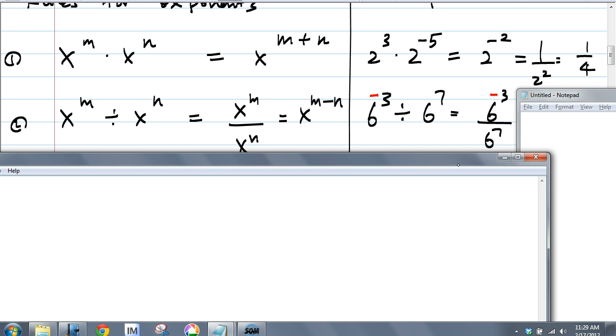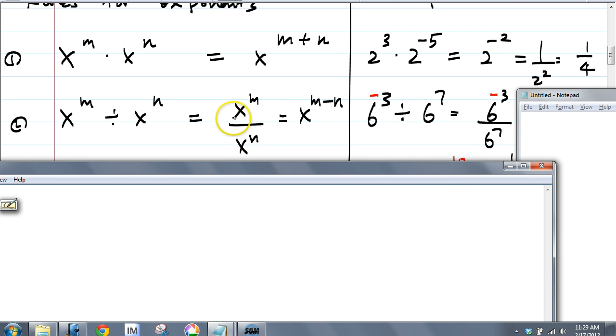Okay. But take a look at what we have. We have 6 to the -3 over 6 to the 7th. What do we do with the exponents? Okay, Elizabeth, we have this rule, right? When you have x to the m over x to the n, what do we do with the exponents? So guess what we're going to do with -3 and 7?